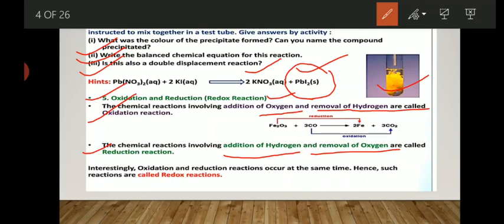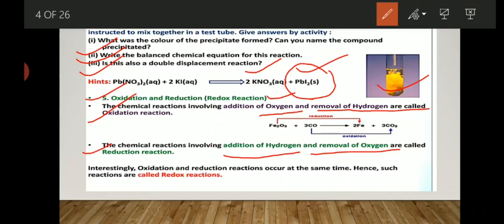In that case, how will we identify which reaction is an oxidation or a reduction reaction? We will see the addition of electronegative elements or removal of electropositive elements. Wherever that happens, that type of reaction is known as an oxidation reaction.